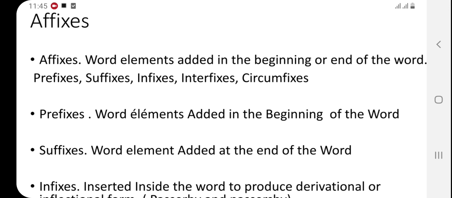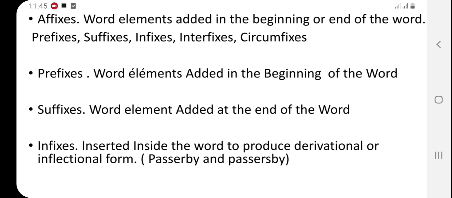Both prefix and suffix are called affixes. So you can say affix has two categories. One is prefix and one is suffix. That I have already defined.